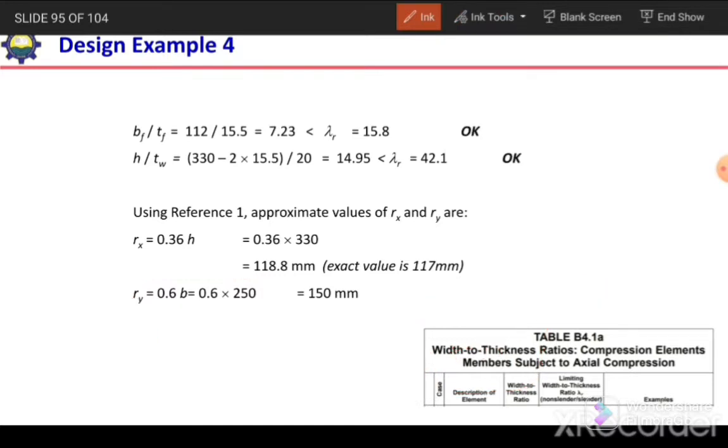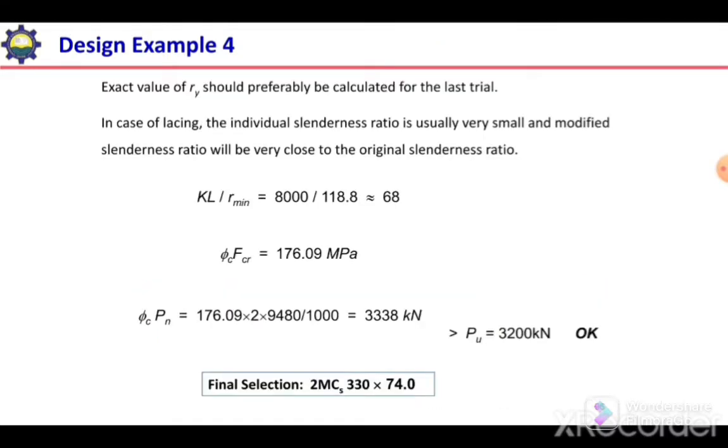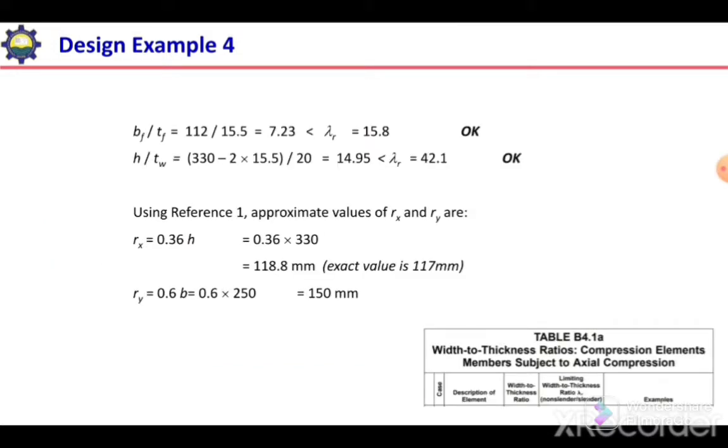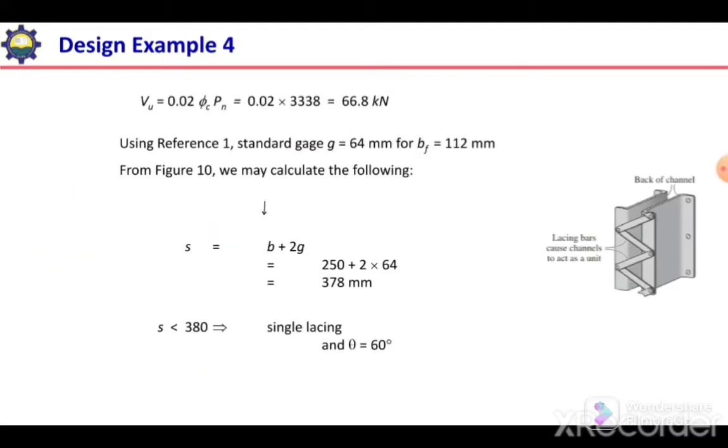So once we have Rx and Ry, then we can calculate the slenderness ratio. We need KLx as well as KLy equal to 8 meter. We need to select R minimum out of Rx and Ry to calculate the maximum slenderness ratio. So KL over R minimum, and R minimum is 118.8, corresponding to Rx.